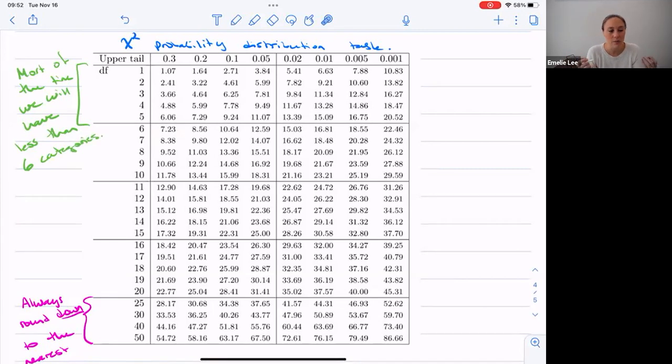We can, but most of the time we have between 1 and 5 degrees of freedom. 2 categories is a little bit weird, because then you could just look at one category and analyze it as one sample proportion. But I guess you can. Usually we're going to talk about 2 degrees of freedom, 3 degrees of freedom, because then we have 3 groups, 4 groups, 5 groups, 6 groups, right?